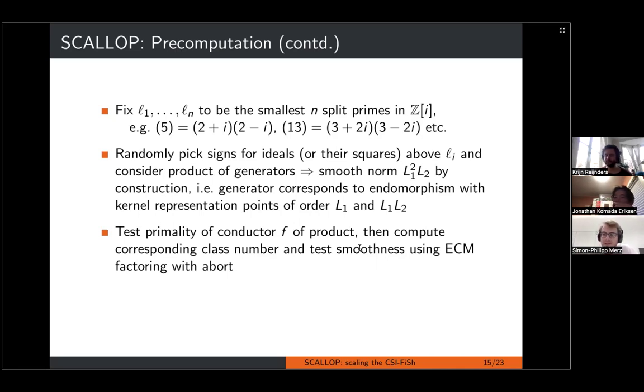So just to give you a rough idea, for the CSIDH-512 equivalent, we actually got a class number that is 2 to the 35 smooth, which is pretty smooth. So you can just throw away most of the class numbers you sample.